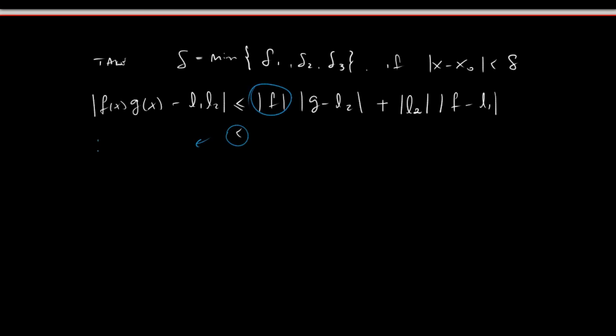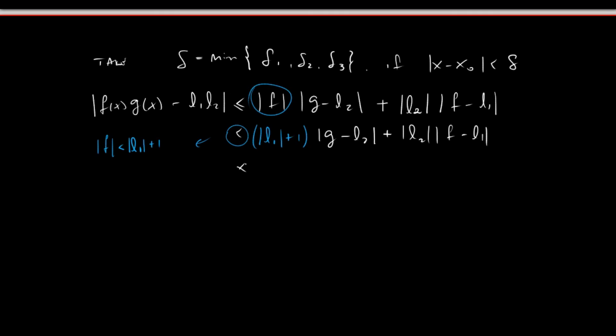We knew that if x minus x0 was smaller than delta 1, f was smaller than the absolute value of L1 plus 1. And so we're going to use this bound here. This will be multiplied by the absolute value of g minus L2, and then we just have L2 times the absolute value of f minus L1.